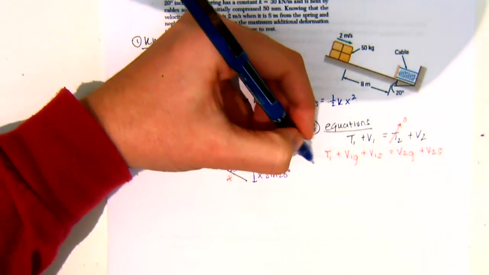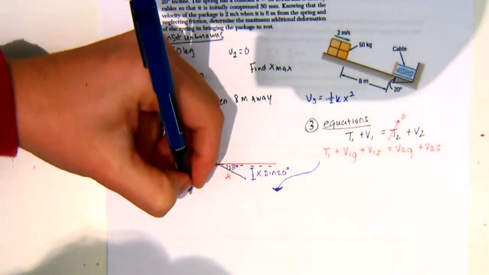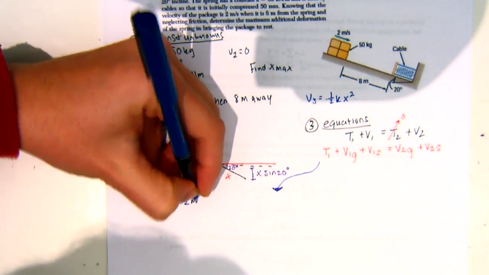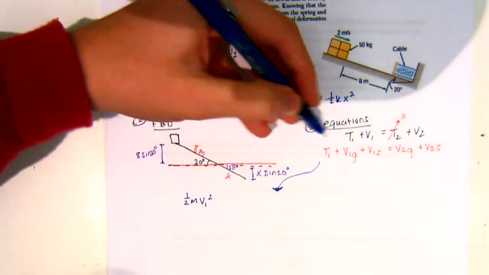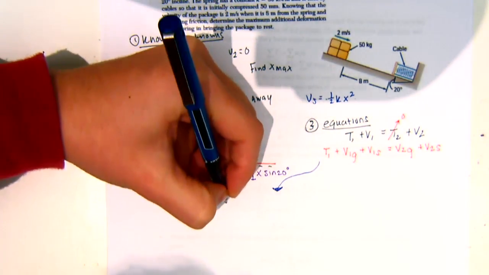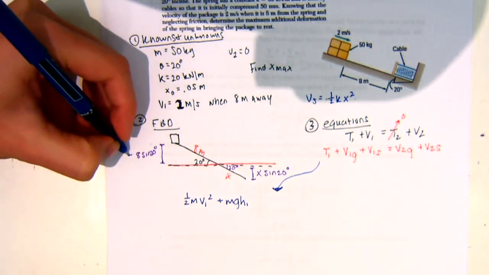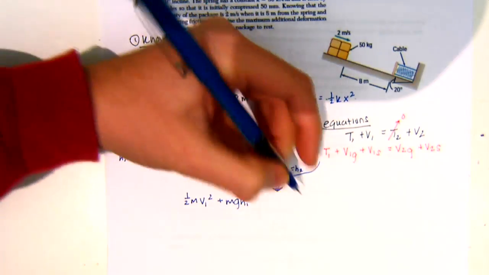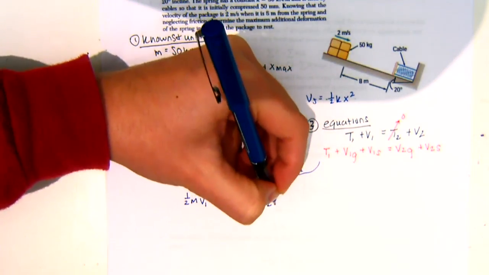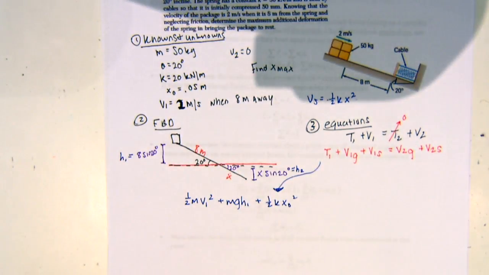Writing this all out, I'm going to write it down here so I have more space. For T1, I know I have 1/2 m v1 squared. Then for gravity, I have plus m g h1. So this is h1, and I'm going to call that other one h2. Then I have plus 1/2 k x1 squared.